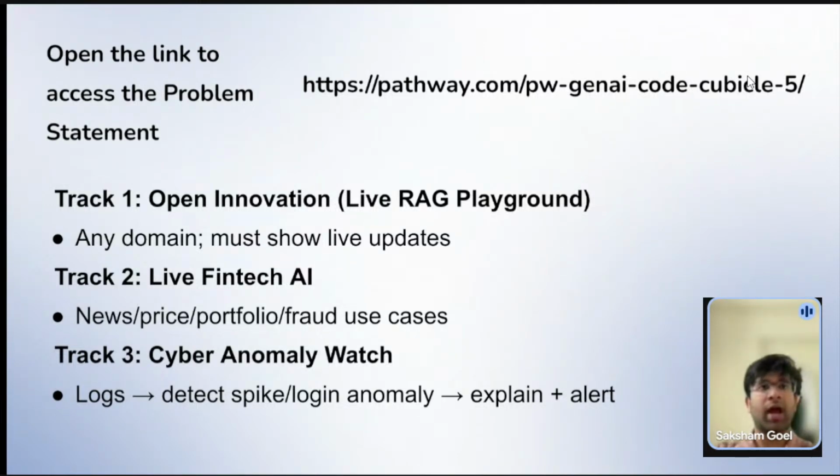Tesla stock price, or maybe Apple stock price, based on various sources. Then third is the cybersecurity anomaly watcher. You can maybe detect suspicious logins, spikes, data theft. This is one of the innovations where I have seen fewer projects built using Pathway, but yeah, you can go ahead with this as well.